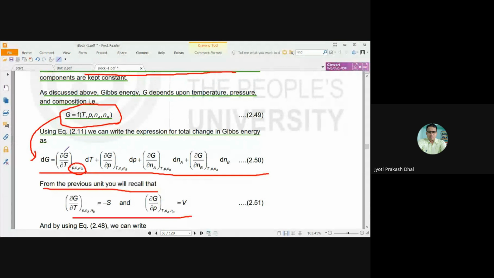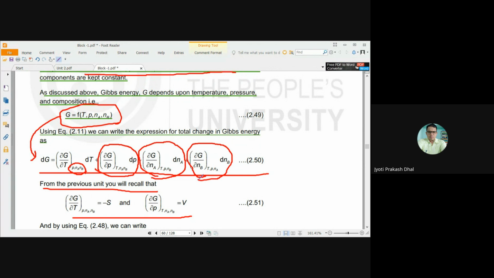The first term deals with the change in Gibbs energy with respect to change in temperature only. The second term deals with the change in Gibbs energy with change in pressure only. The third term deals with the change in Gibbs energy with respect to change in number of moles of A only. The fourth term deals with the change in Gibbs energy with respect to change in number of moles of B only.